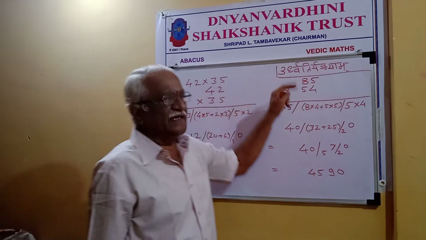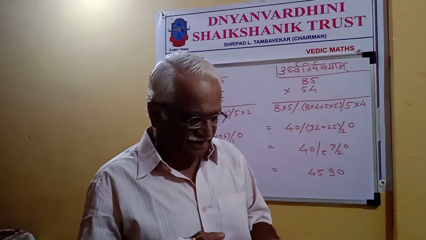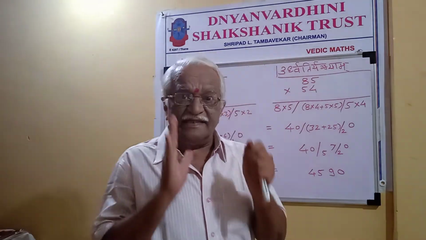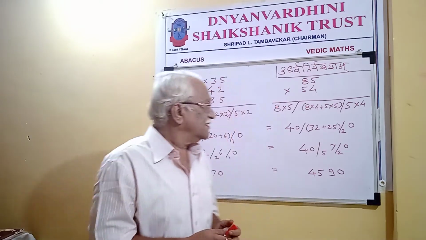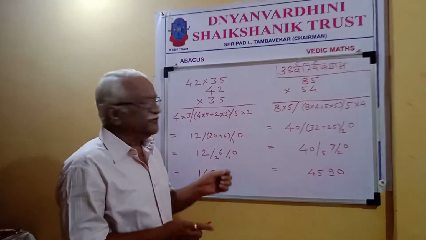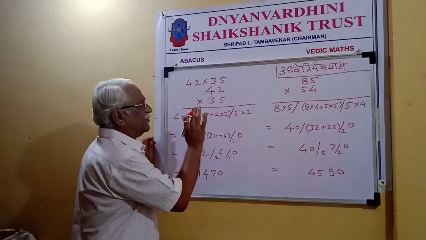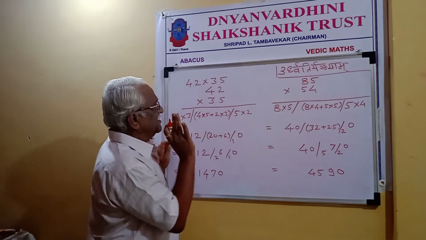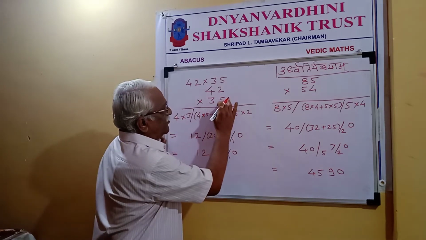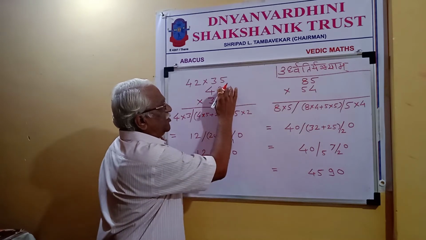This method is called vertically and crosswise. Now what we have to do? Just please see patiently. Vertically, that is 5 into 2.